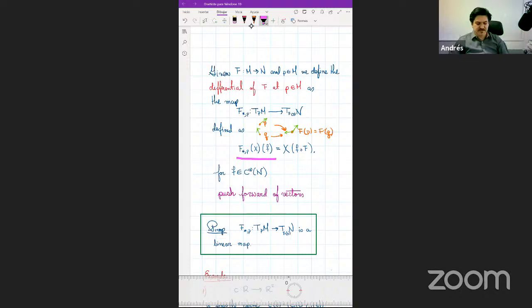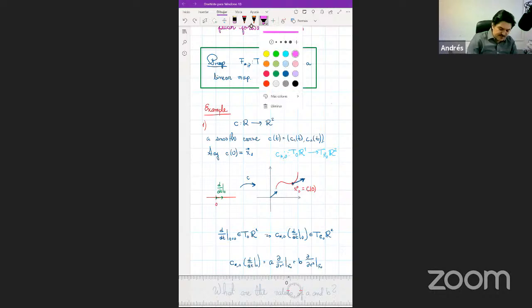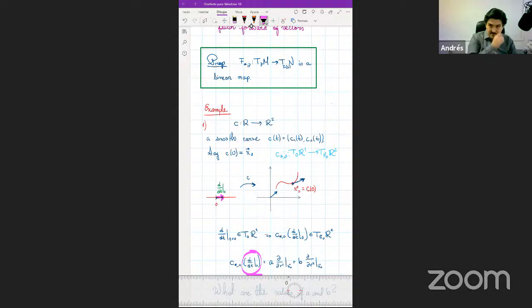Or also this, okay? So you know that this vector here is the one that I have here. And we are going to push it forward, it will be a vector on the tangent space of this point.